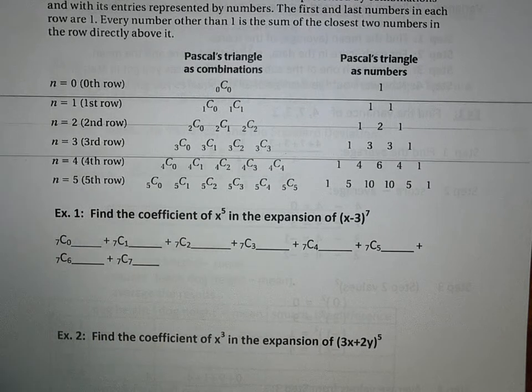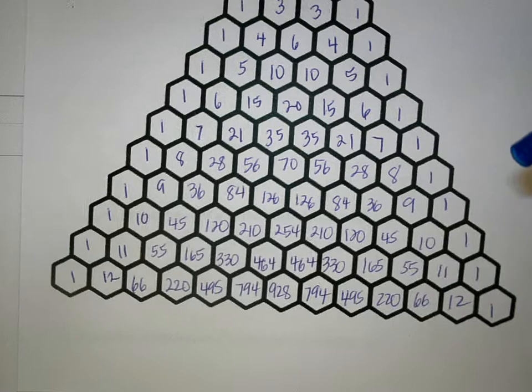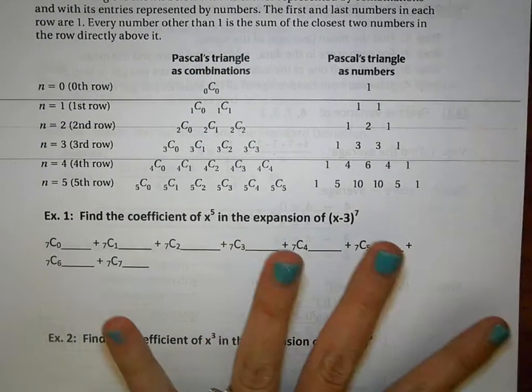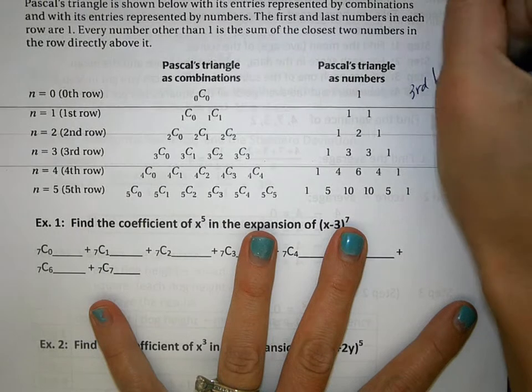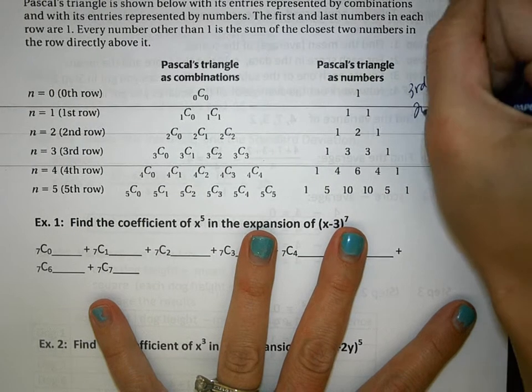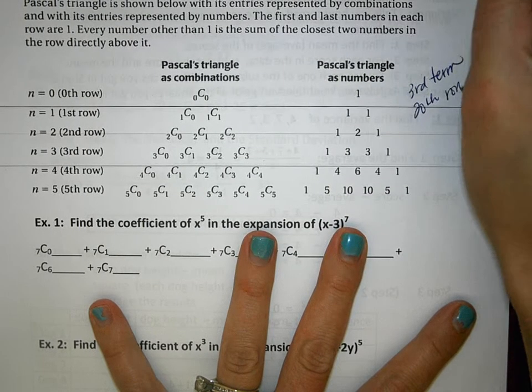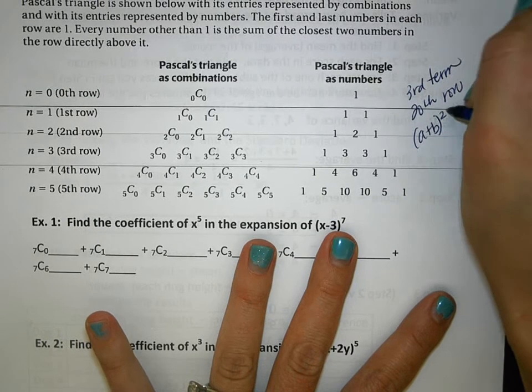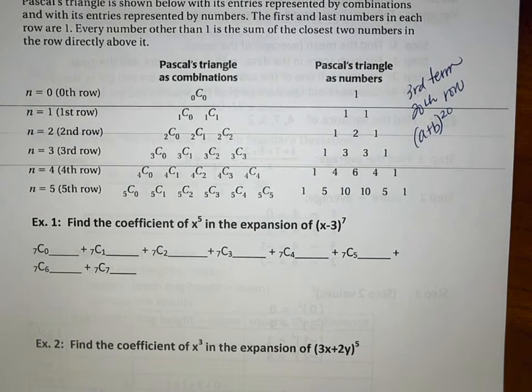If you look at your Pascal's triangle, you don't have the 20th row here, do you? So let's do this on the side: third term, 20th row. That would be a plus b to the 20th exponent, and I wanted the third term.